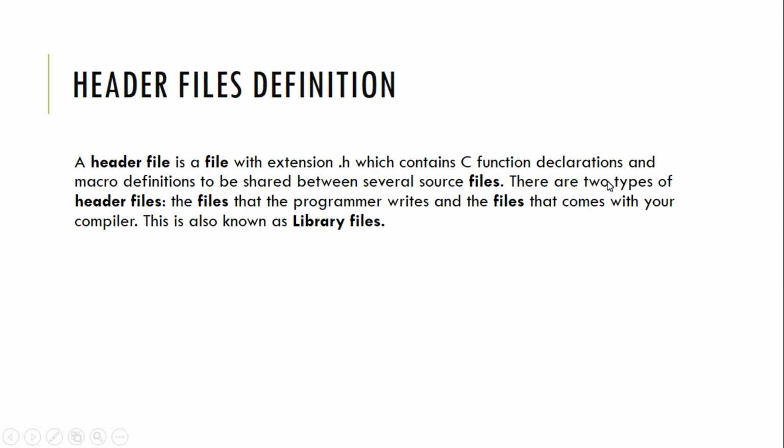There are two types of header files: the files that come with your compiler, which the developers have written, and the files that programmers write. For example, C++ is just an upper version of C, where the header files have been written by a programmer.